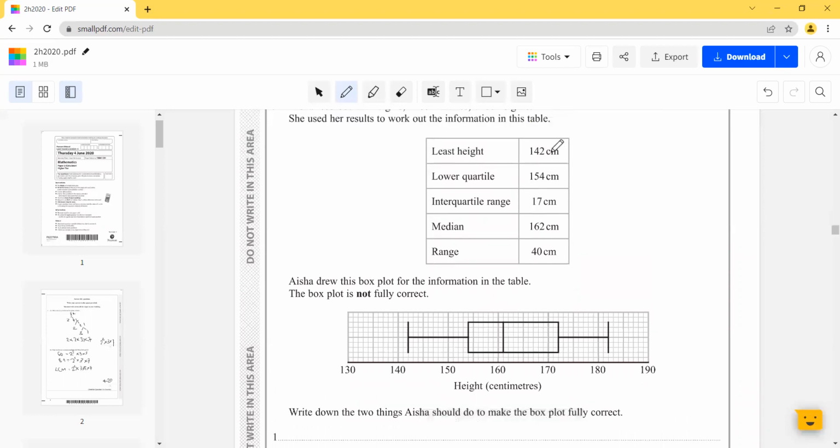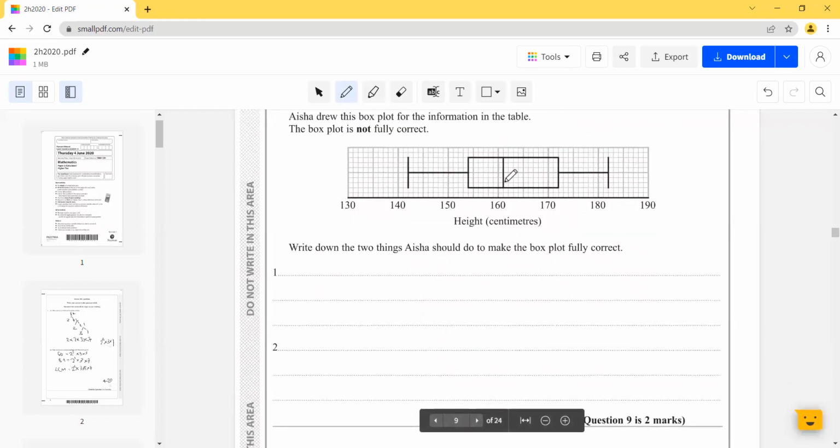Okay. So as you can see, our upper quartile is meant to be 171. But on this diagram, we can see it's 172. So you can see that's incorrect.